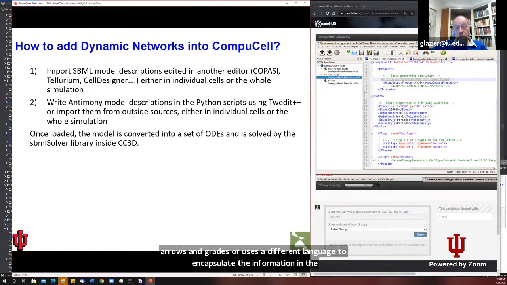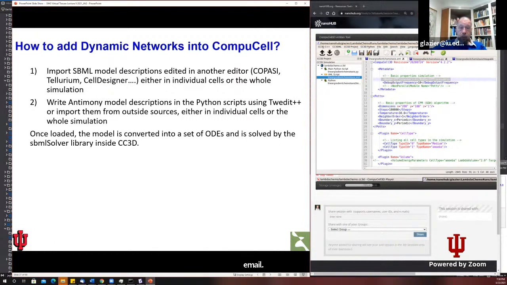And we used Tellurium last semester, and we'll use it again as a way of writing models. And those can then be turned into SBML, and CompuCell lets you import SBML models into cells or into the whole model. The advantage of being able to read and write SBML is that there are a lot of models that have been published using SBML.